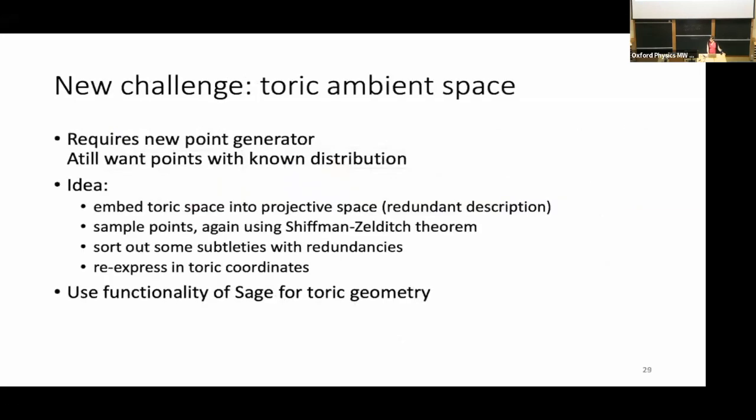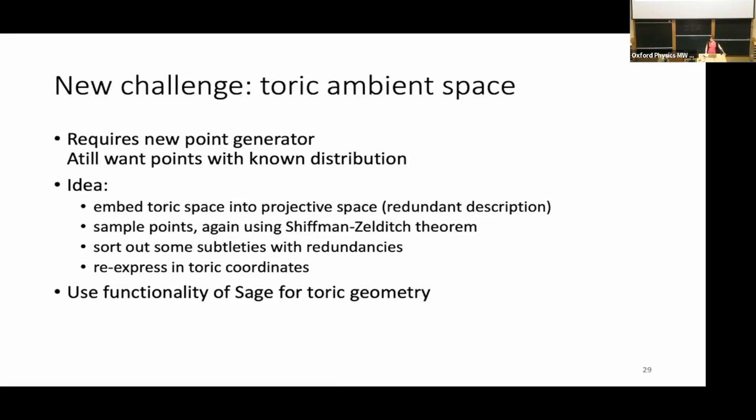Okay, the other thing I want to mention is that when we go to toric ambient spaces, the methods that we have for generating points will also need to be revised, because the method that we had before was relying on having projective ambient spaces. And in these projective ambient spaces, we were selecting points in a particular way, which basically came back to, we have good numerical routines for selecting points on spheres.